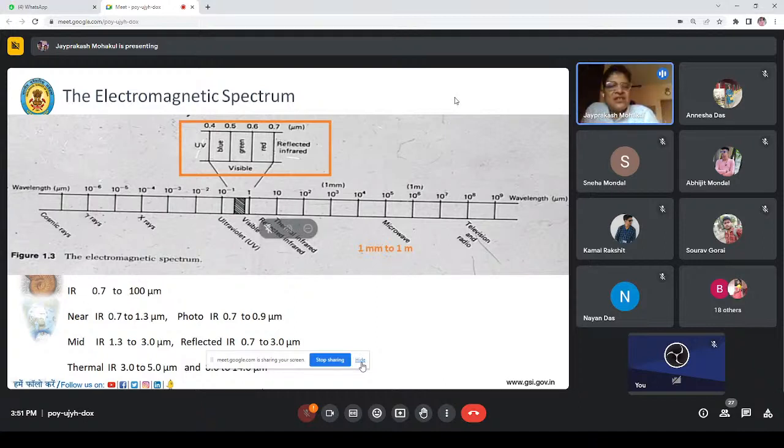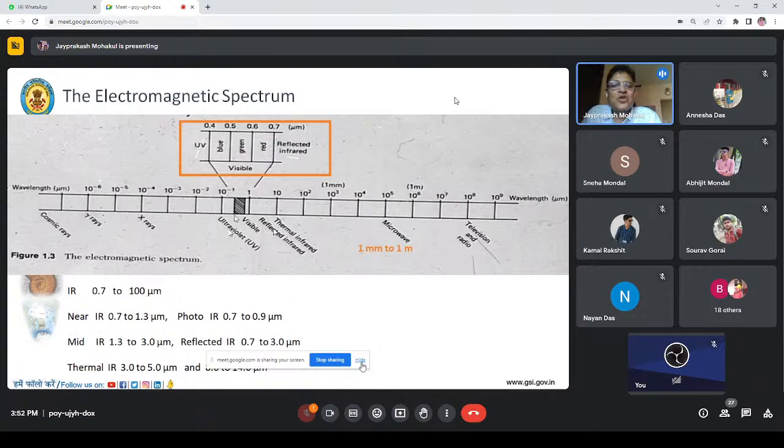This is the complete spectrum. Which spectrum is useful for what? You have the cosmic rays, gamma rays, X-rays, ultraviolet, visible, reflected infrared, thermal infrared. These ranges are names we have given, and the exact ranges we will be discussing subsequently.